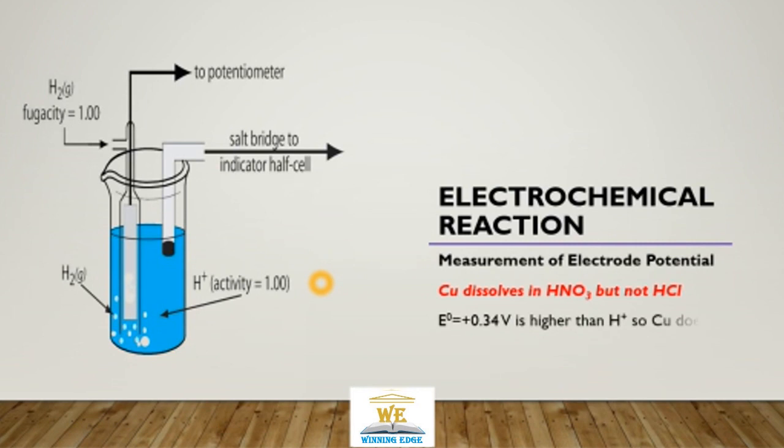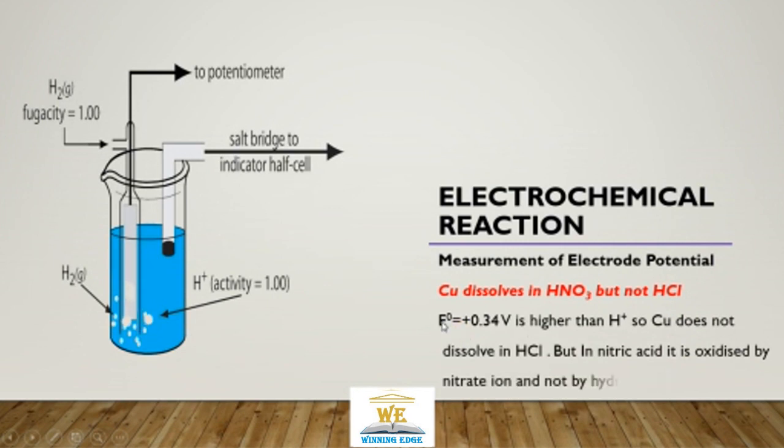We know copper dissolves in nitric acid but not in HCl. The standard electrode potential for copper, we know, is 0.34 volt. That is the reason it can't be oxidized for the reduction of protons in HCl. And chloride, we know, is a very weak reducing agent.